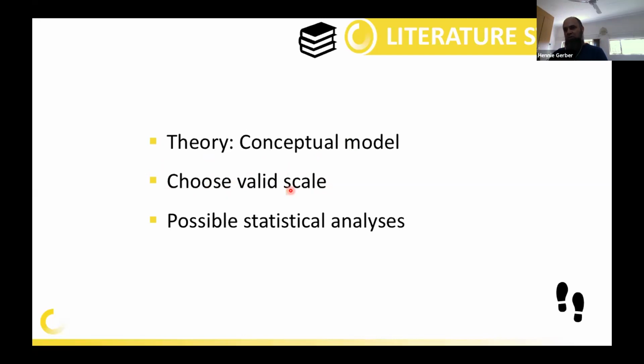If you're doing your master's, you just need to show you're able to do research, so you can just use an already validated questionnaire, what you will get in your literature study, and use it. If you do your PhD, you want to make a contribution, you start off from a validated scale, and you will get that in your literature study.